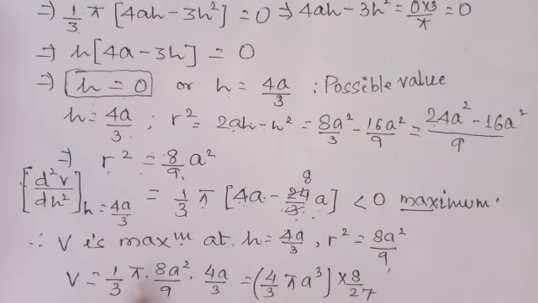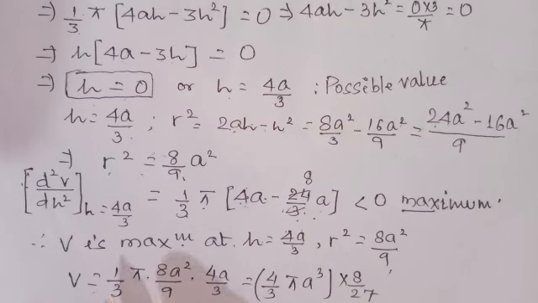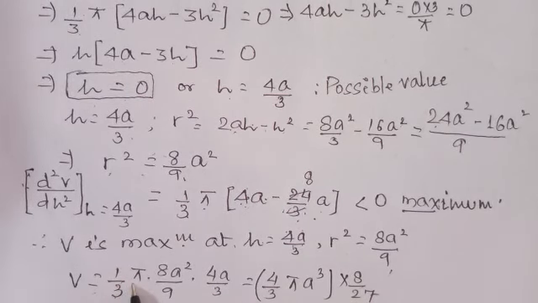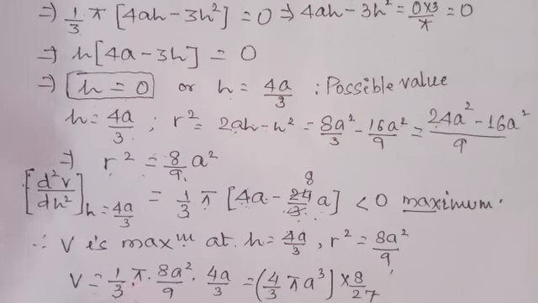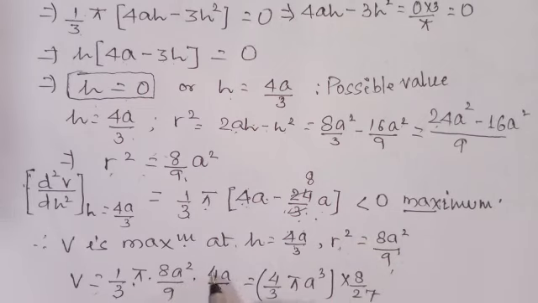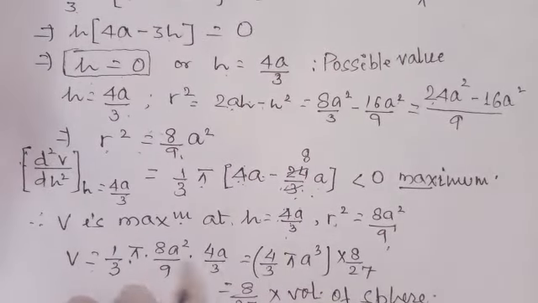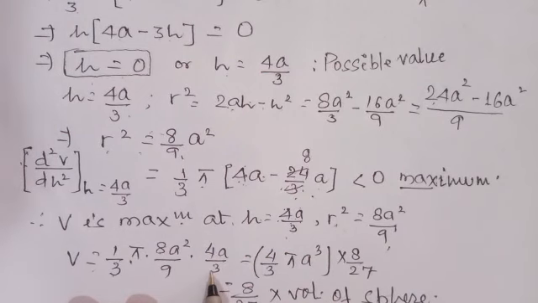So volume will be the volume of the cone, that is 1 by 3 pi r square h. r square you have obtained as 8a square by 9, so 8a square by 9 into h, that is 4a by 3. Simplify this one. First take 4 by 3 pi a cube in one bracket.